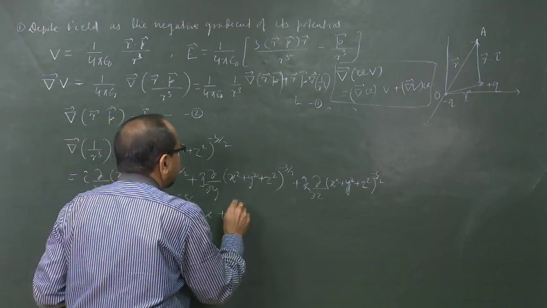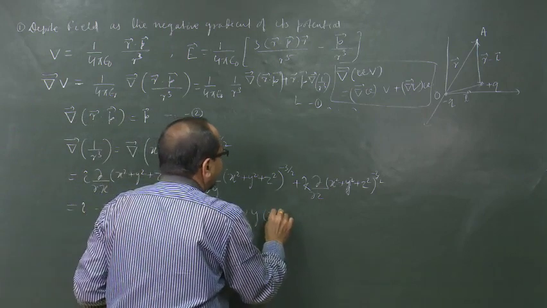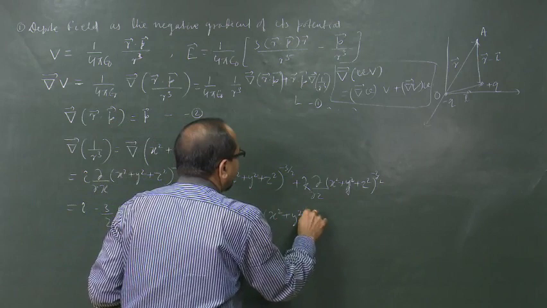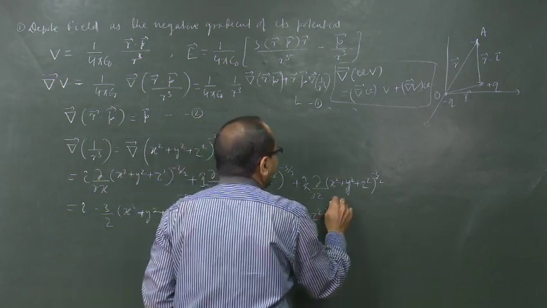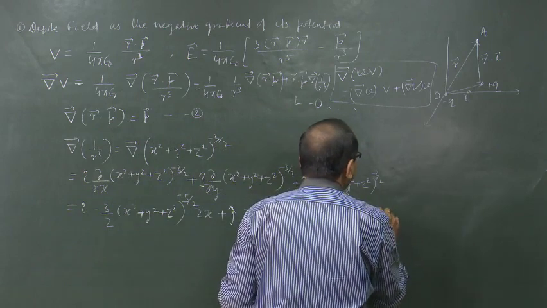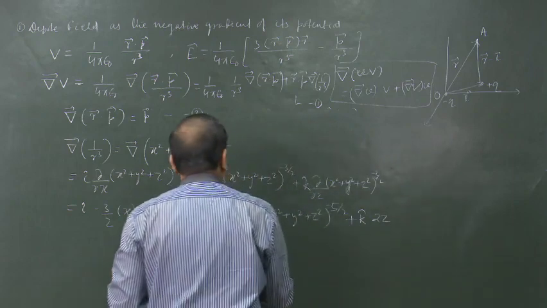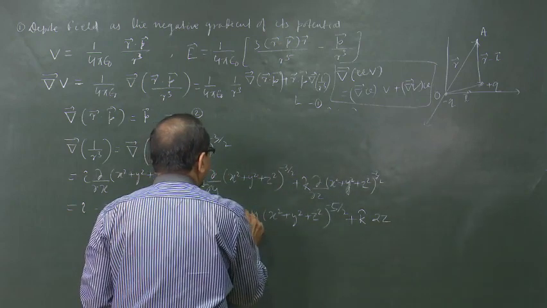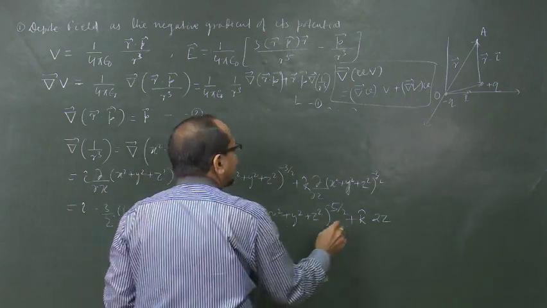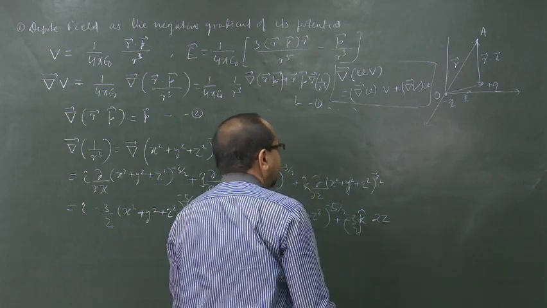Similarly, this term becomes j cap into 2y into (x square plus y square plus z square) to the power minus 5 by 2, and this term similarly becomes k cap into 2z into, of course, minus 3 by 2 will be here every time.